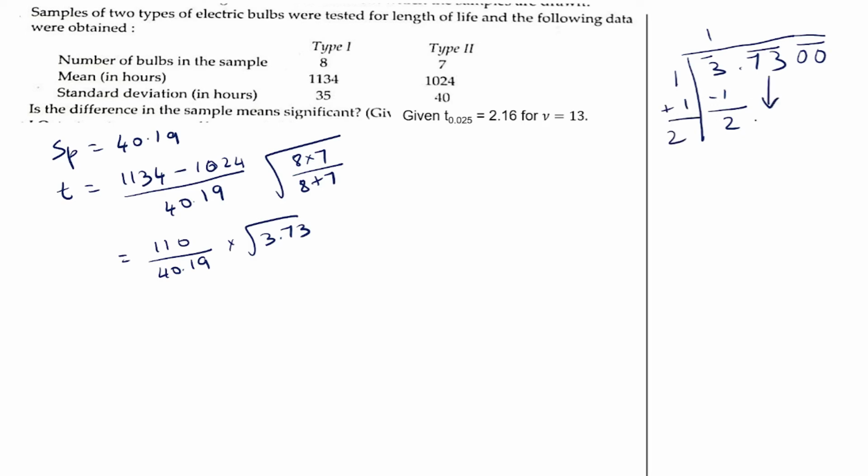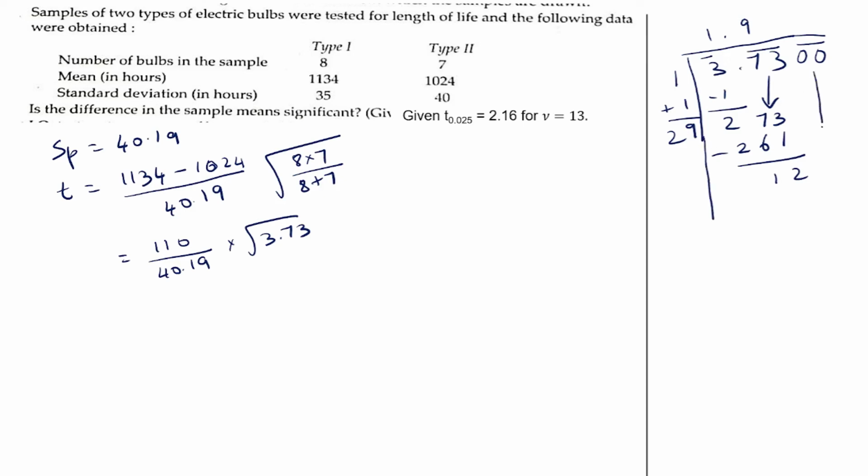Let us bring the next pair of digits and place a decimal point. Next we have 2. If we take 29 into 9, we get 261. So the remainder is 12.